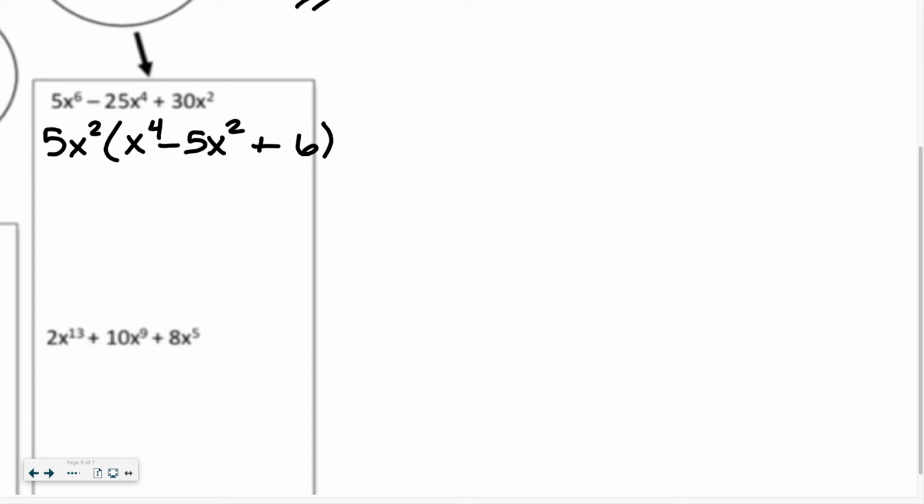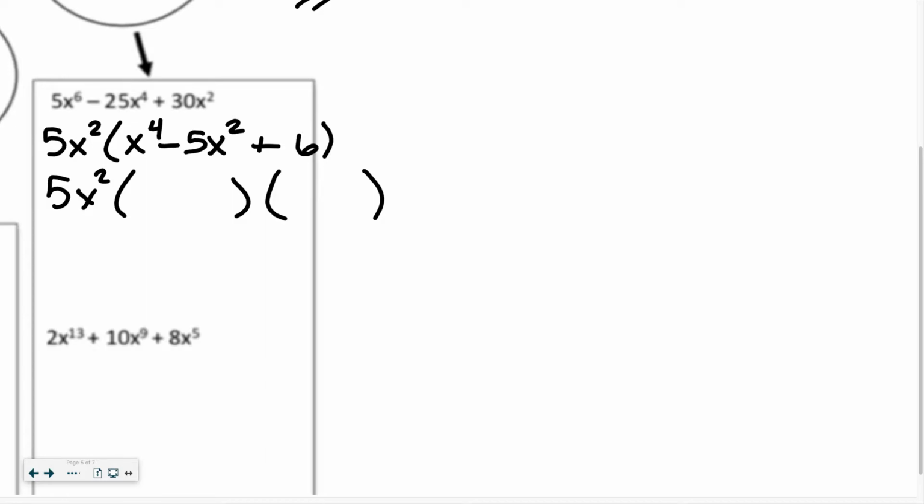As long as your first term's exponent is double your second term's, and then you have a constant, there's a good chance that you could factor that. Okay. If it was x to the 4th and an x cubed, we probably wouldn't be able to factor. Okay. So I'm going to go ahead and put out my 2 groups of parentheses.